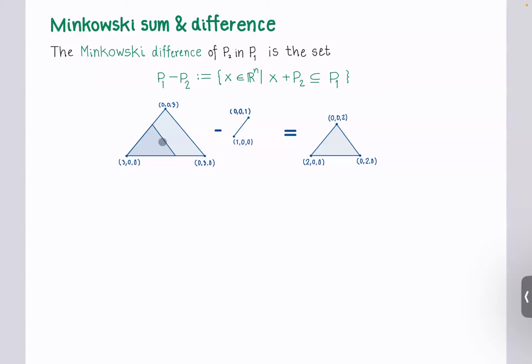So let's imagine you move this line segment around this dark region and it still lies in P1, and that gives you the result. It's a translation of this region, by the way, not that region itself. Okay, any question about Minkowski difference?